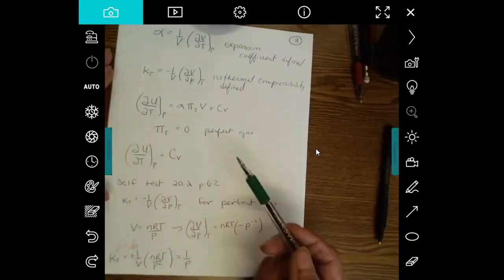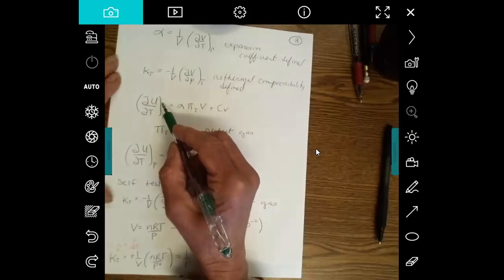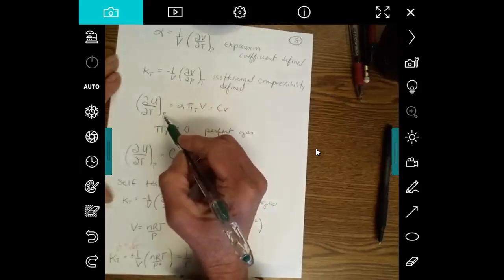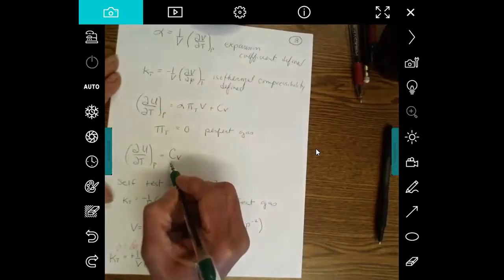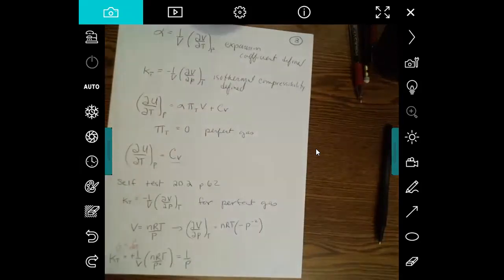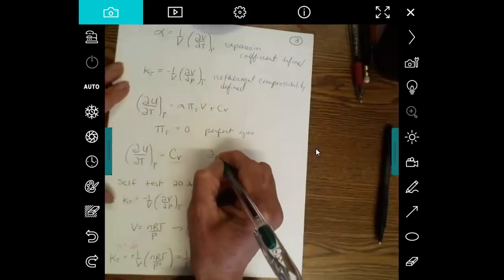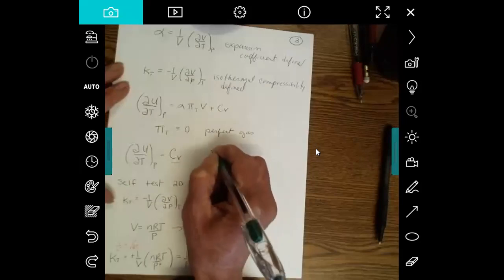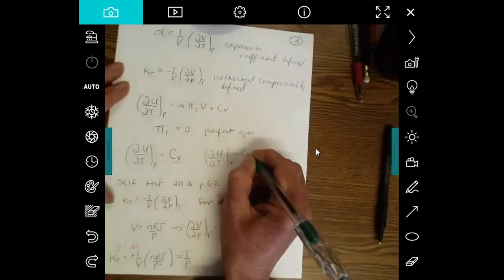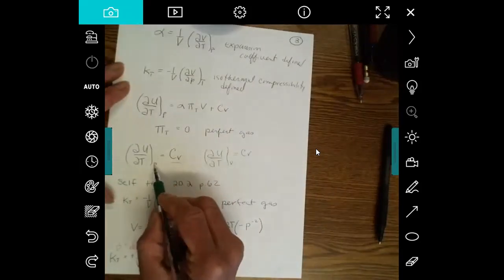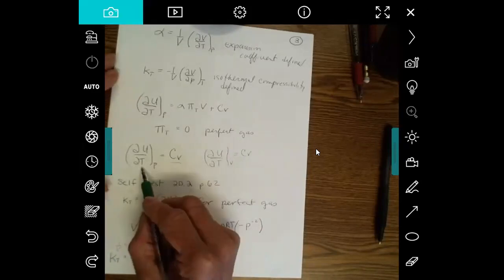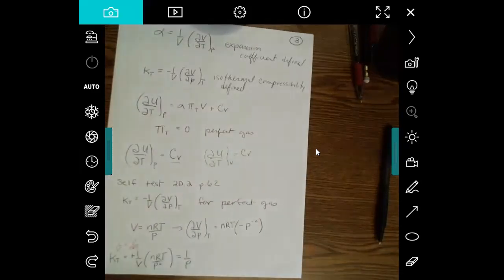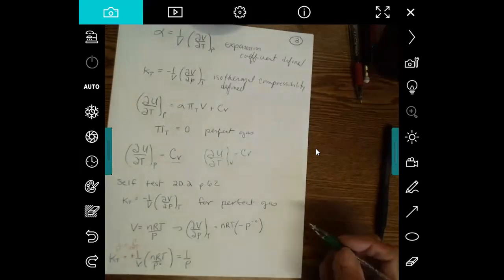So that leads us to conclude that the change in internal energy with the change in temperature holding pressure constant is equal to C_V, just like it was in our definition of C_V. So it doesn't matter whether pressure or volume is constant. As long as you're changing temperature, you'll get the same heat capacity.